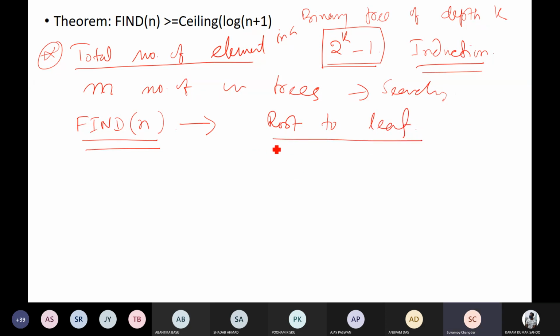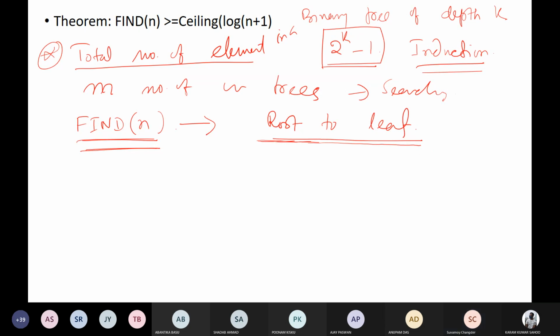The longest path from root to leaf is the minimum number of comparisons required, that means the longest route you have to take for the searching. So here find n represents the number of nodes that go from root to leaf node.